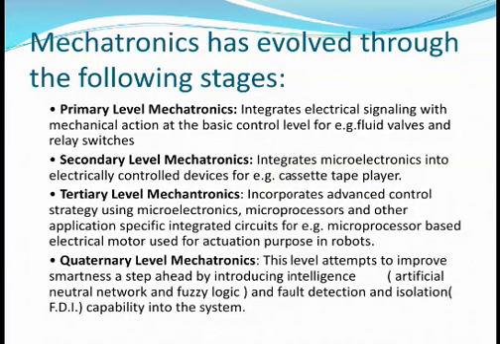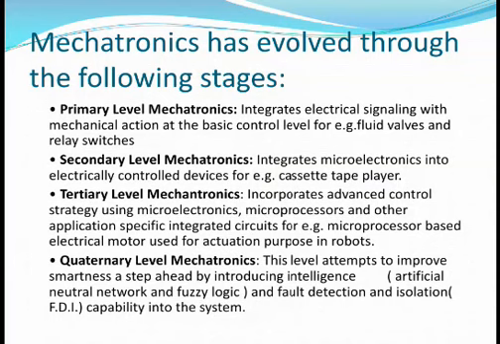So ultimately, we can see that mechatronics has evolved through four stages: primary, secondary, tertiary, and quaternary. Primary level mechatronics integrated electrical signaling with mechanical action at the basic control level, for example, fluid valves and relay switches.